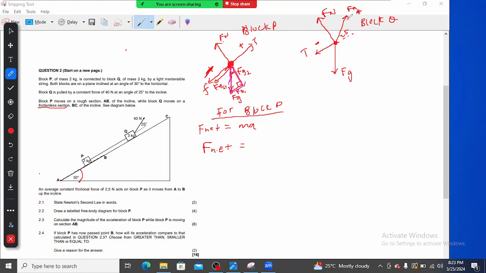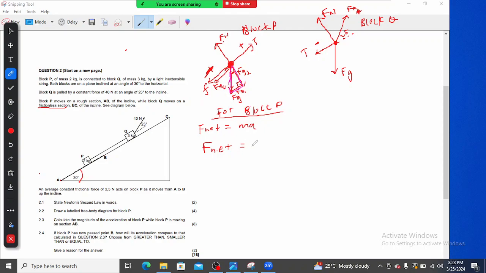Now the net force of the forces acting on block P. As I said, we only consider the forces that are parallel to the surface, which are tension, the frictional force, and Fg parallel.